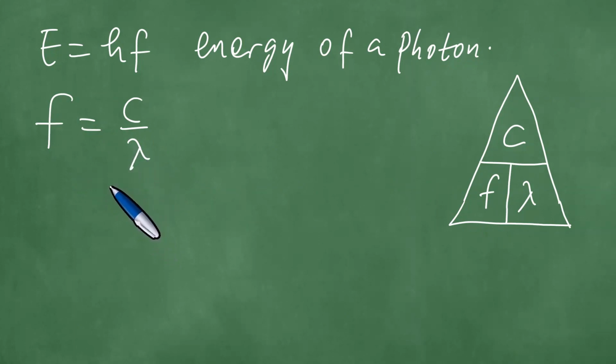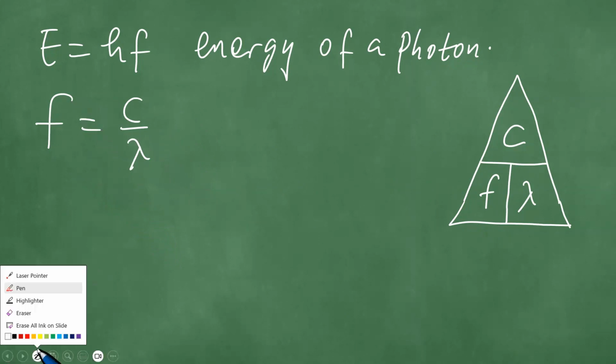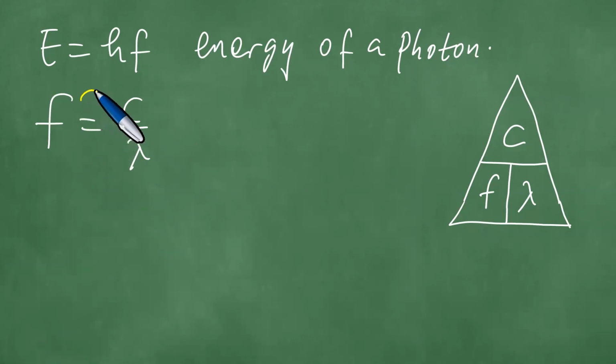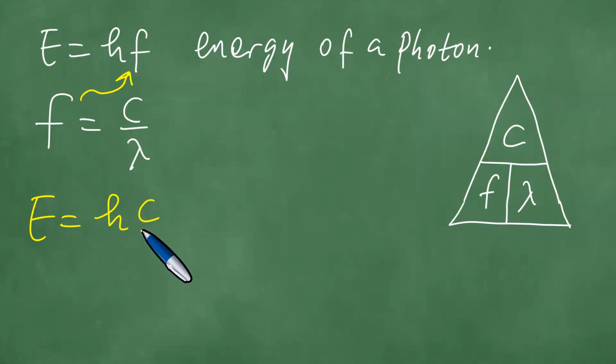Because F equals C over lambda, we can take the F and put it into the equation. We get another equation: E equals H C over lambda, HC over lambda.